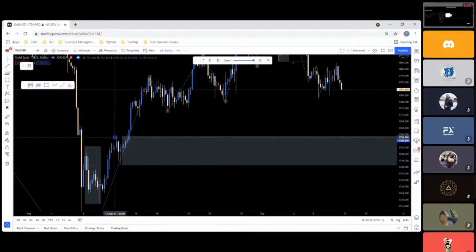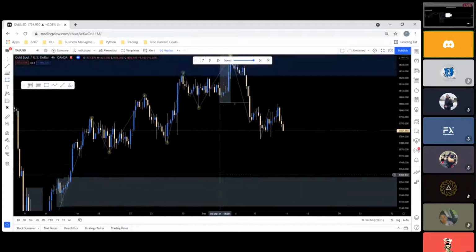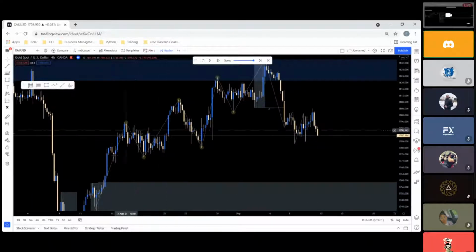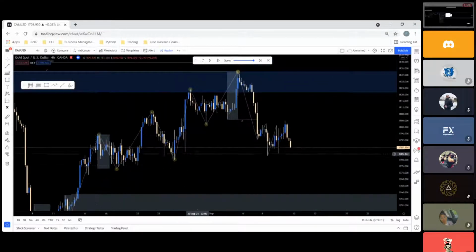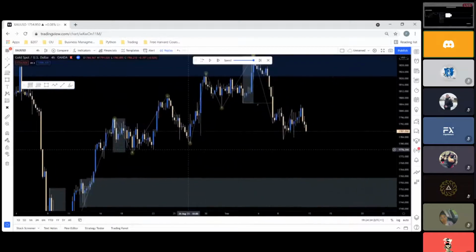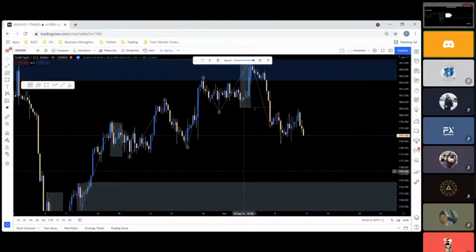So mark that up. And I'll be looking at this as well. So yeah, once I'm happy with that, I start to look at demand and supply zones, what I might think start to get hit within the weekly session or my intraday sessions.